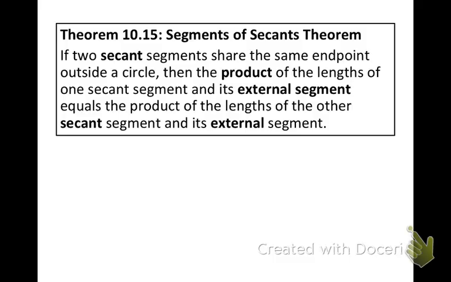So if you have two secant segments that share the same endpoint outside a circle, then the product, so we're still multiplying, of the lengths of the one secant segment and its external segment equals the product of the lengths of the other secant segment and its external segment.